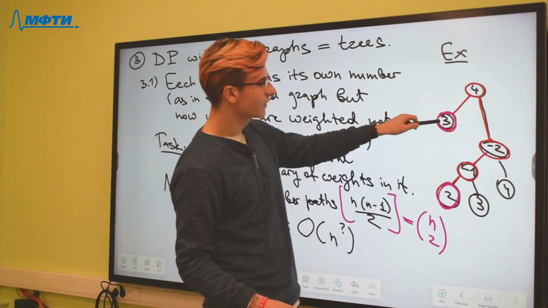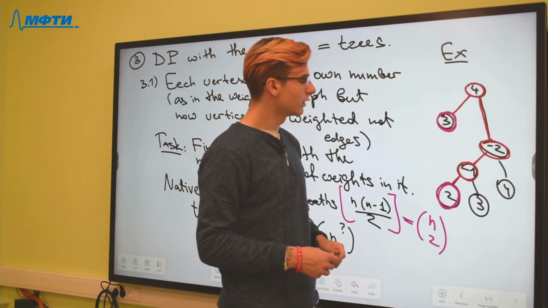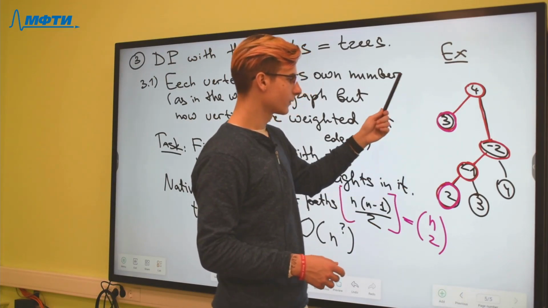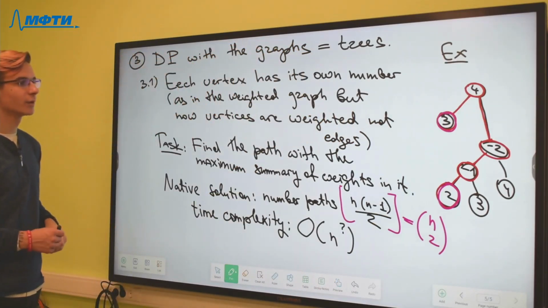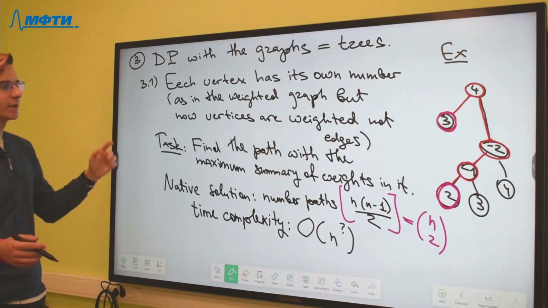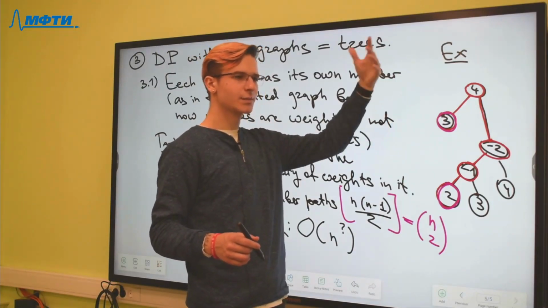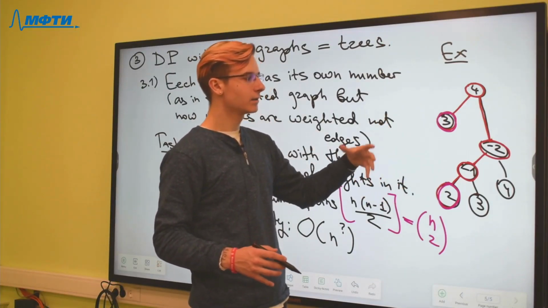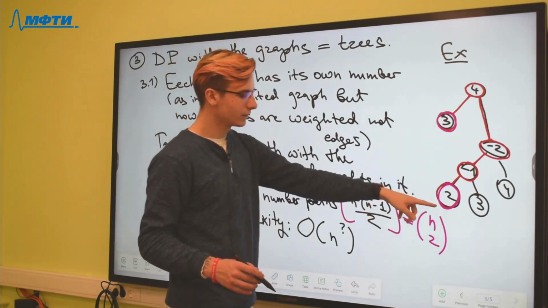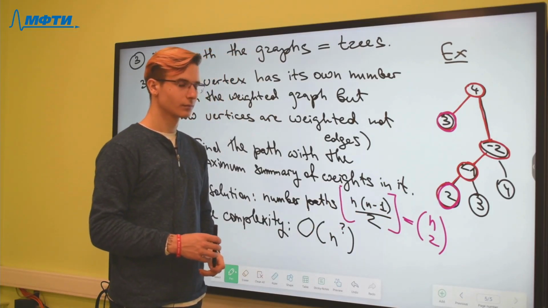But you can see that every path can be nearly n by its length. When we find the sum of the weights of the vertices in the path, we spend nearly n time for it, and we repeat it this many times. So n cubed, yeah.